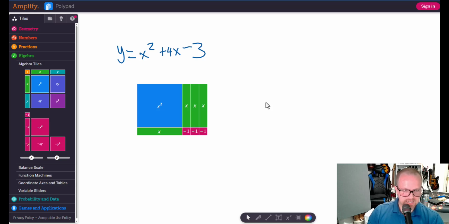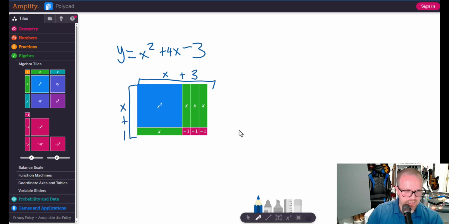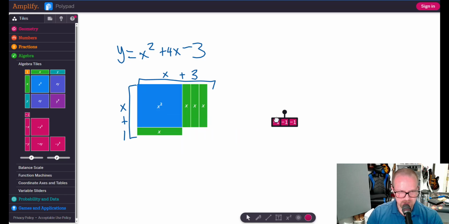But the basic idea is this rectangle right here would have a length and width of x plus 3 and x plus 1. Again, just so we understand, this doesn't actually work. The negatives right here are not plus 3, they are minus 3, so you can't factor this thing this way. But getting the idea that a rectangle means that we have factored what we're looking at is an important piece of this.